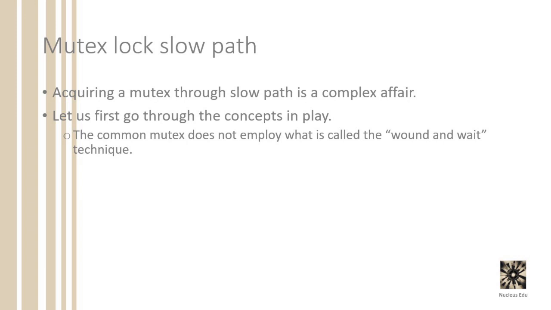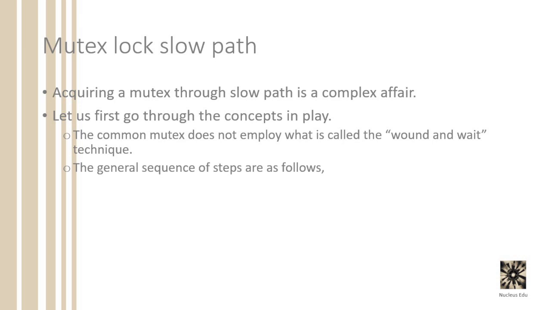Some variables and functions are prefixed with ww, and for the common mutex that we are discussing here, these are omitted and set to false. While you're going through the slow path function yourself, you might come across this, but we are skipping all those portions in this current session.